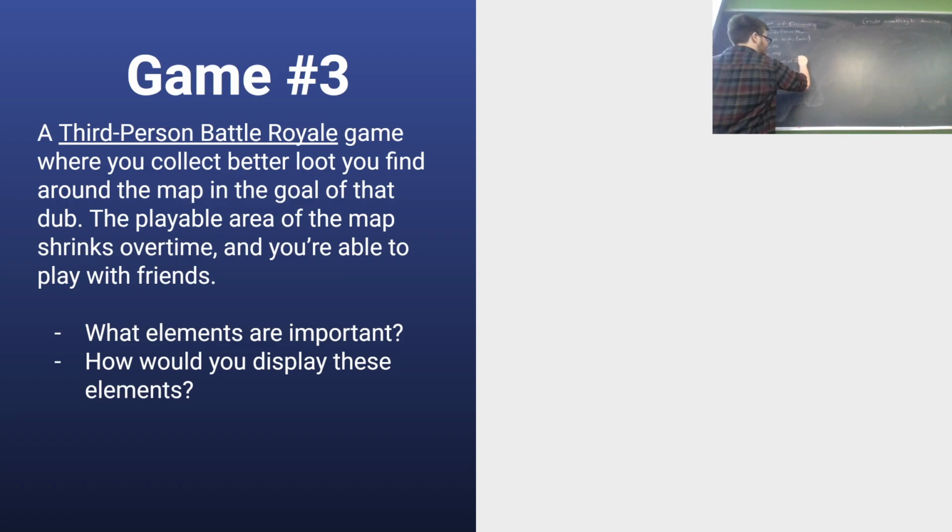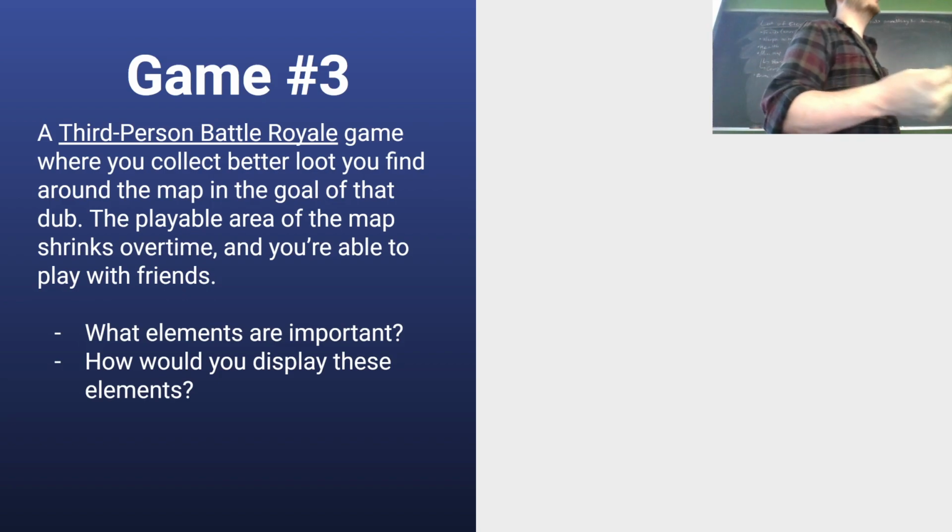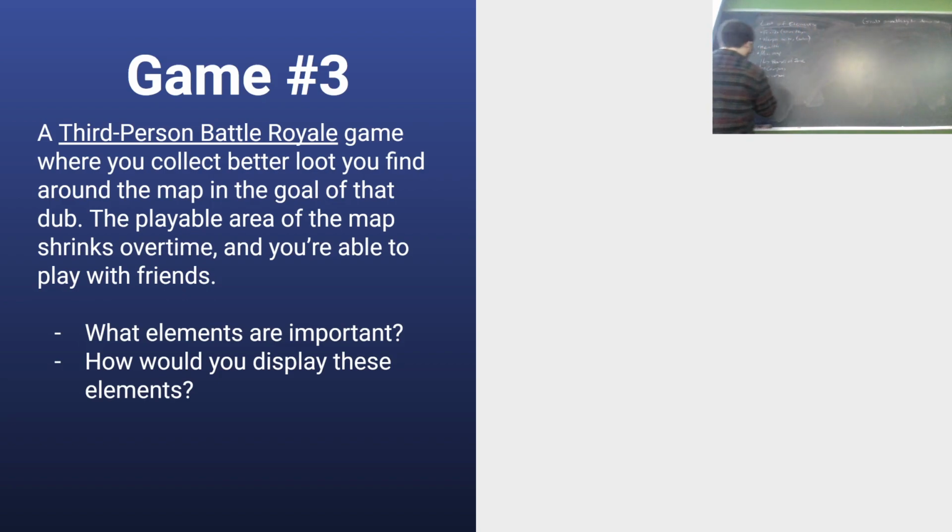I'm putting bounds of zone. Compass, I'll put that on the mini map. Emote wheel, I mean, we can, just for this one. This one gets a pass. Remaining players in game.